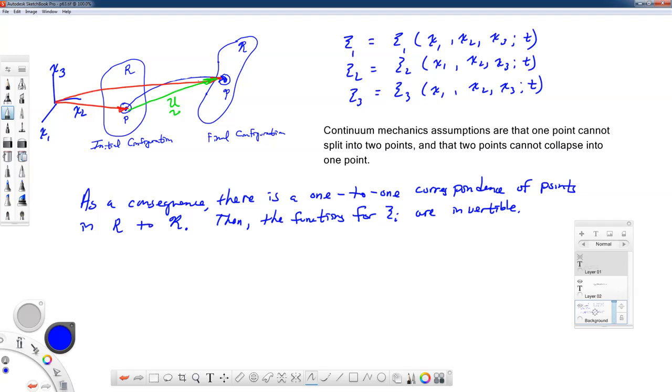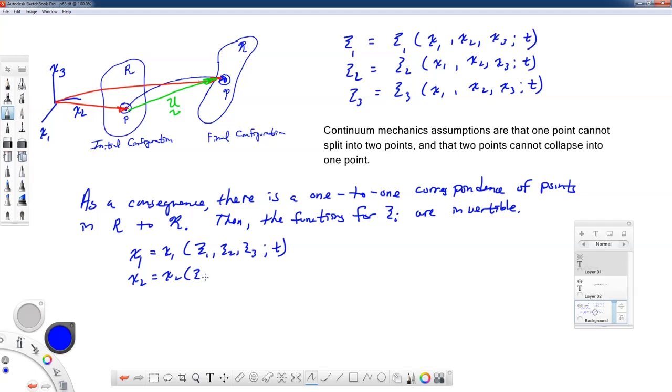So as a consequence, there's a one-to-one correspondence of points in regular R to script R. And if that's the case, then these functions for xi sub I are invertible. So we could have just as easily said that x1 is a function of xi1, xi2, and xi3 in time, and so forth.